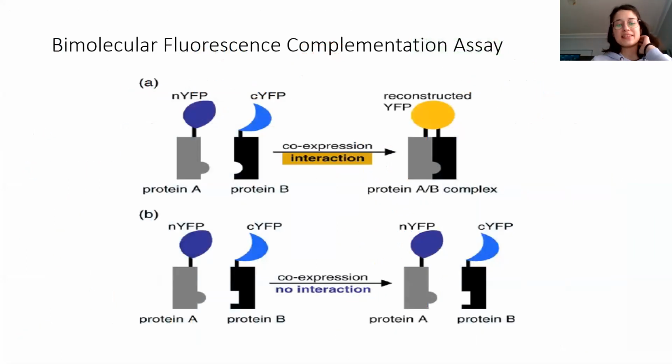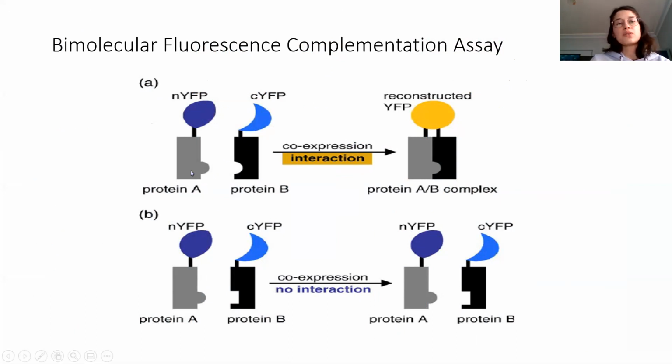In figure B, they wanted to further confirm what they found in the yeast two-hybrid assay, and they conducted the bimolecular fluorescence complementation assay. The difference from the yeast two-hybrid assay is that this method is done in vivo, at the exact location.